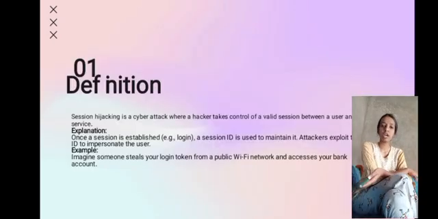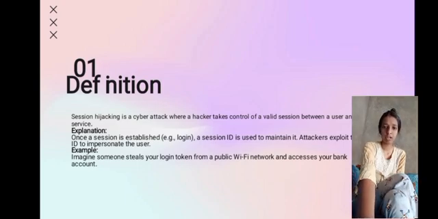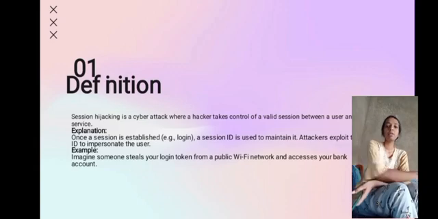As we know, it happens in day-to-day life. So now I explain the definition of session hijacking. Session hijacking is a type of cyber attack where the attacker takes over control of a valid session between the user and the server.